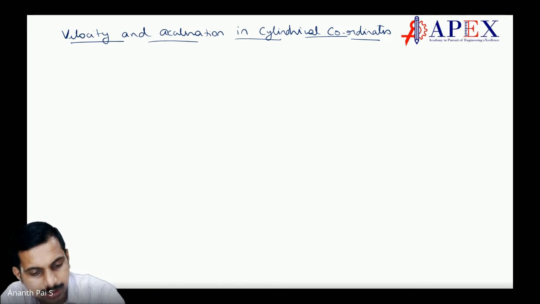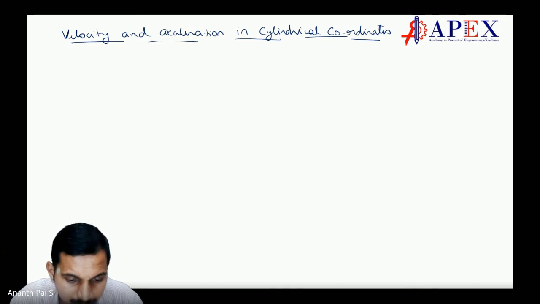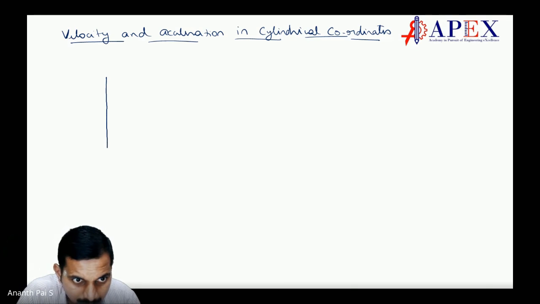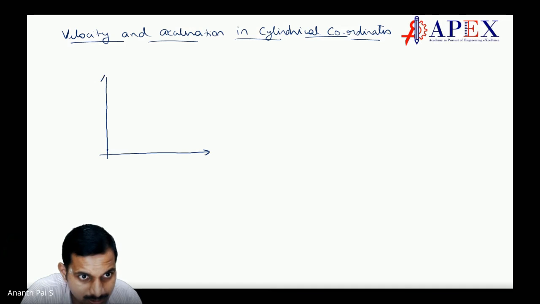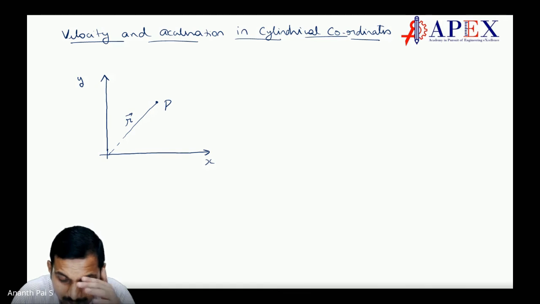Okay. So now, whenever you say velocity in rectangular coordinates, we'll see this one by one. So if I consider velocity in rectangular coordinates, what will I do? Say this is y and this is x. Any position P is set by a distance r, correct? And how do you say that distance r?